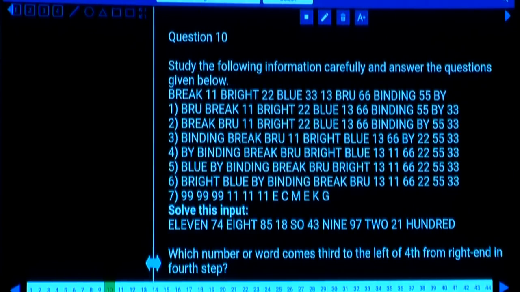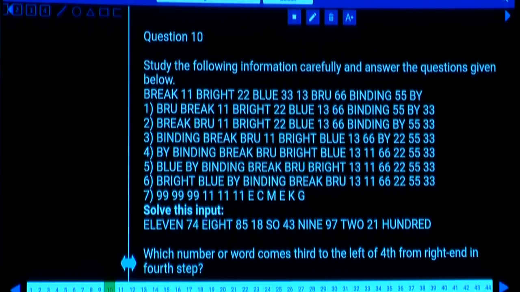Now in order to find out the logic, what is the final logic here? Bright, blue, buy, binding, break, brew. Isn't it? Then BR. Again, if you take the numbers, what are the numbers here?